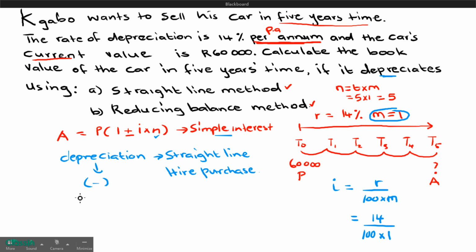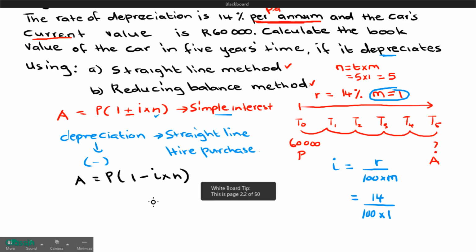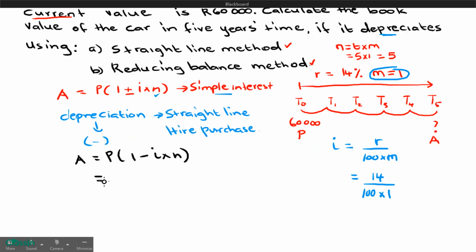So it means that my A is equal to P times 1 minus I multiplied by N. So when I substitute, I have 60,000 times 1 minus my I, which is going to be 14 over 100, multiplied by 1 multiplied by 5.